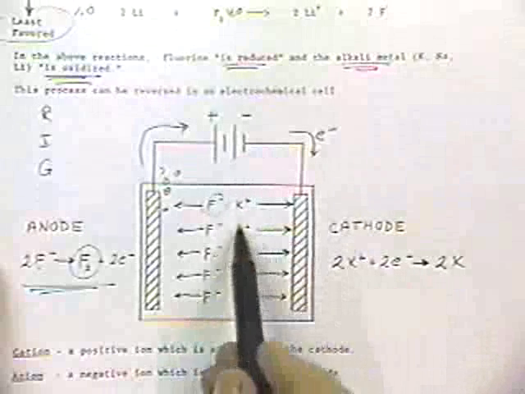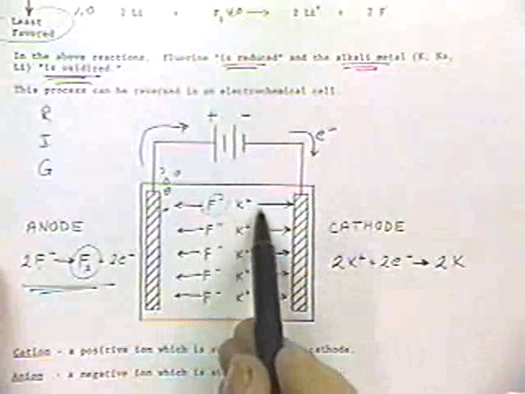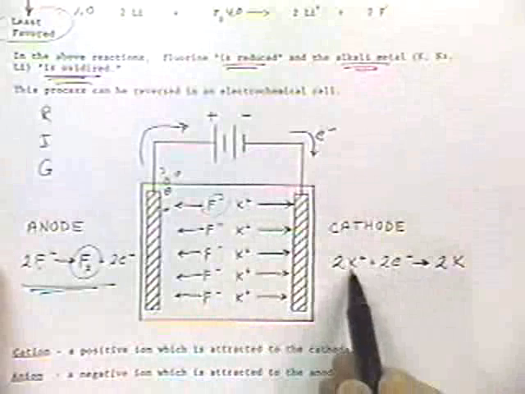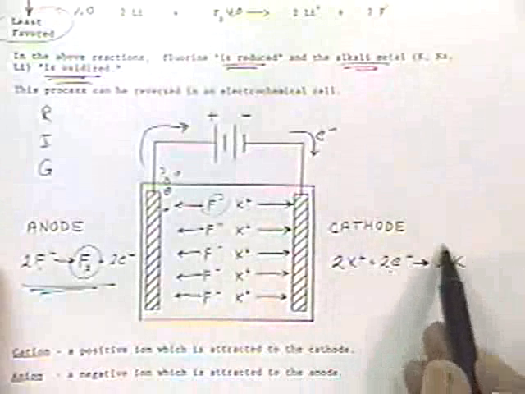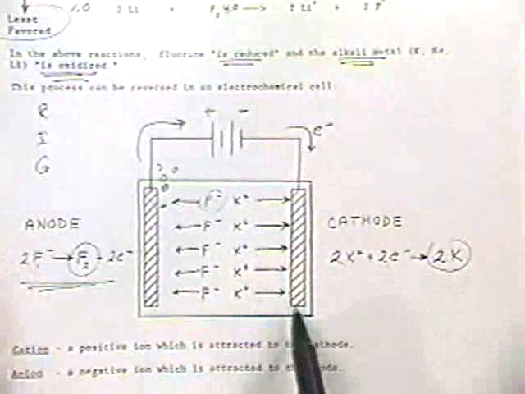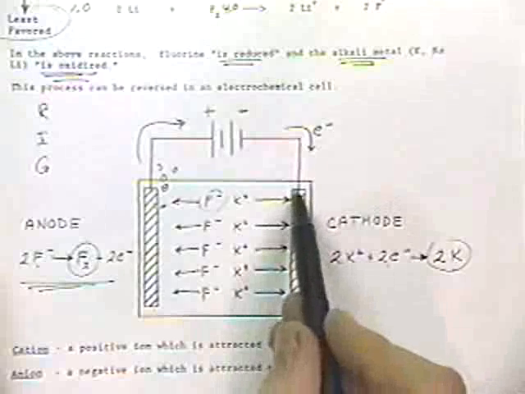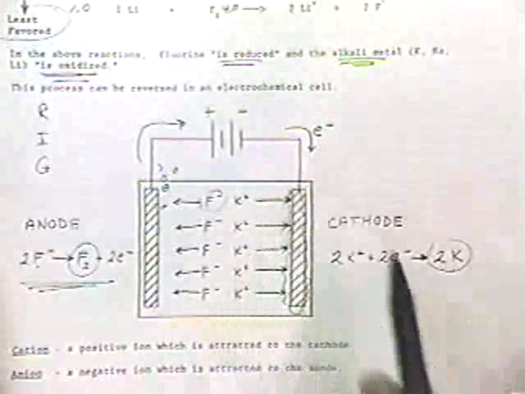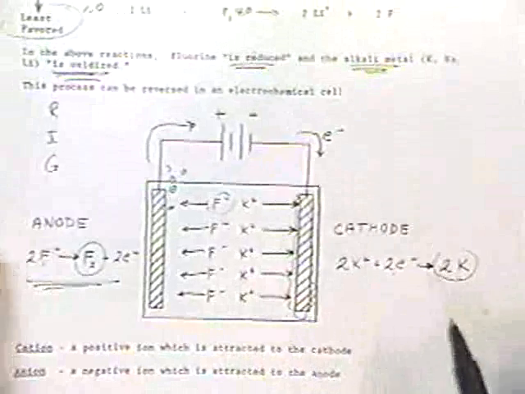This plate is negative in charge. The positive potassiums are attracted to it. They pick up those electrons, so we take the positive potassium plus the electrons, and we end up with elemental potassium. And what you would see visually is this cathode being coated with a metal of elemental potassium.